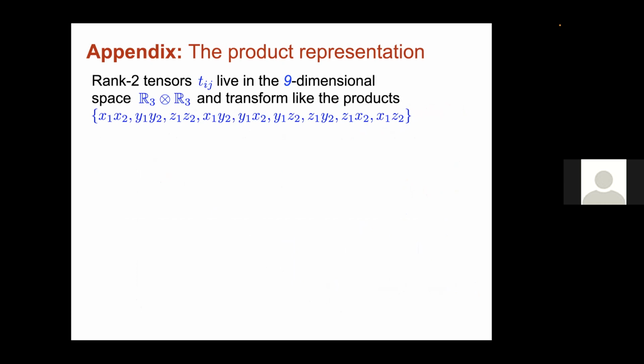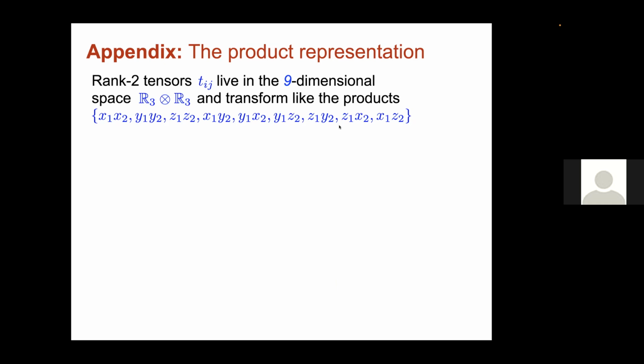First, the product representation. Rank 2 tensors, I'm speaking of Euclidean tensors, T_ij, live in the 9-dimensional space, which is this tensor space, and transform like the product of coordinates. So in general, tensors T_ij, not necessarily symmetric, general rank 2 Euclidean tensors, live on this space, like the polarizability.